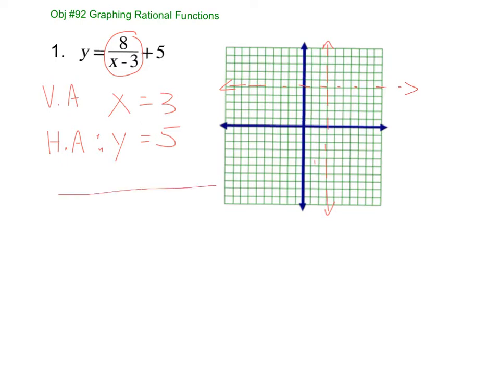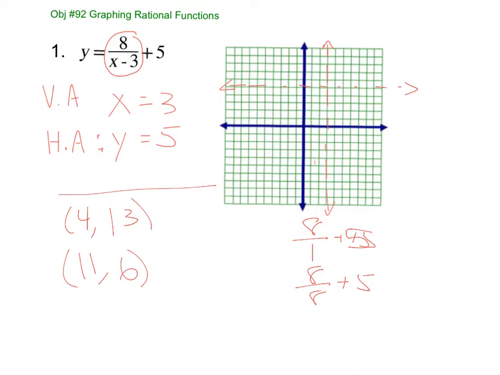So what we do is we're going to find 4 points. I start with what will make the denominator 1. So if I plug in 4, that gives me 8 over 1 plus 5. Oops. Ugh, 13. That's annoying. And then what would make it 8 over 8? So that is 11. So if I plug in 11, that gives me 6.